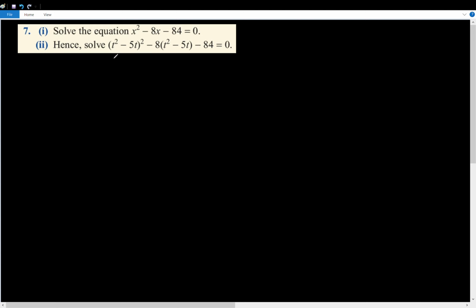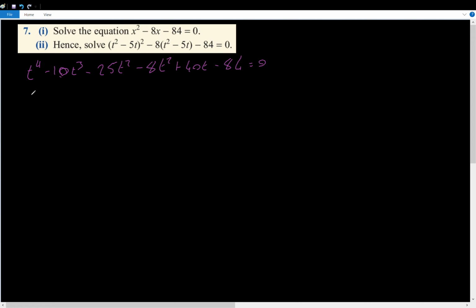So in part 2, if we try to solve this out as it is, we need to multiply the brackets to start with. If we multiply out these brackets, (t squared minus 5t) all squared would become t to the 4 minus 10t cubed plus 25t squared. And then if we multiply the 8 in, it's going to be minus 8t squared plus 40t, and then we still have minus 84 down the end.